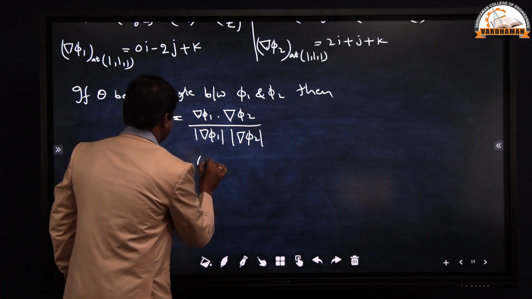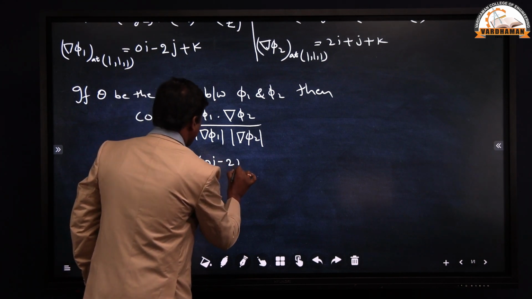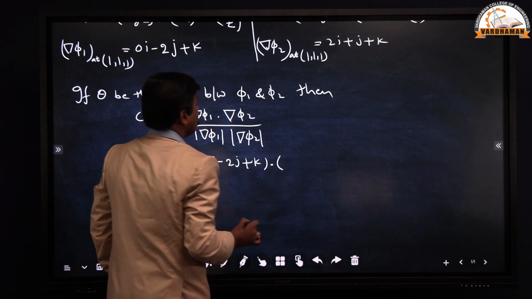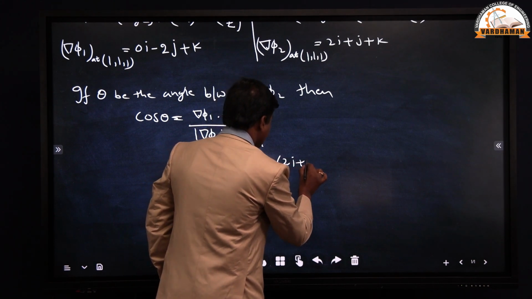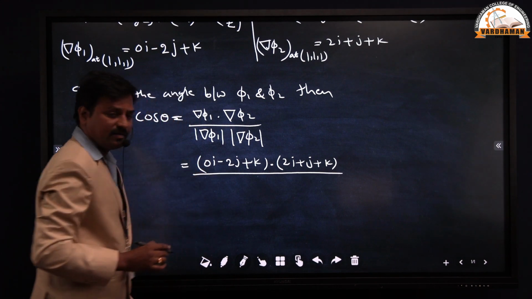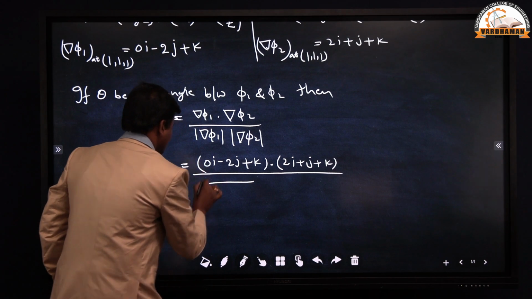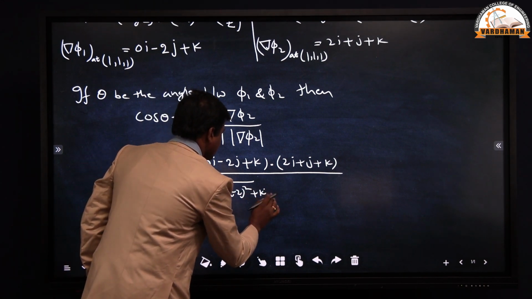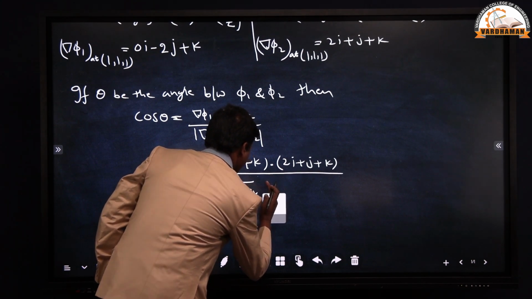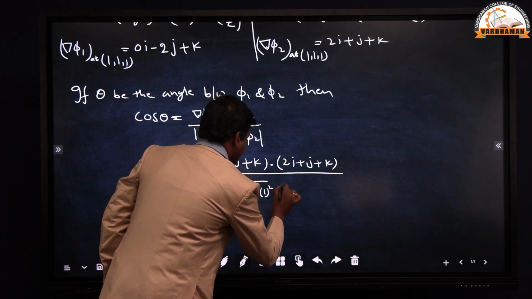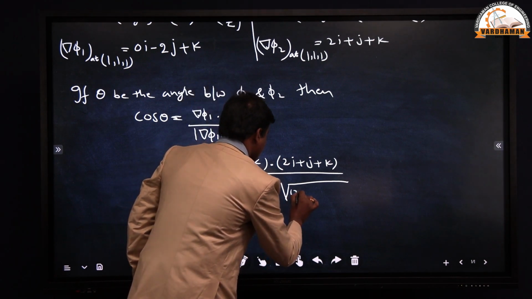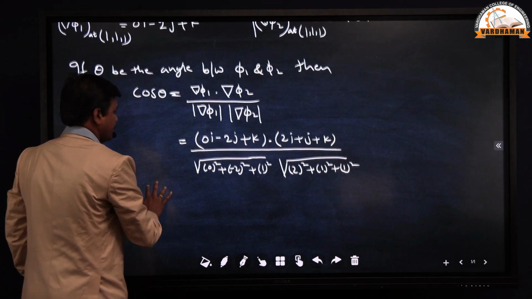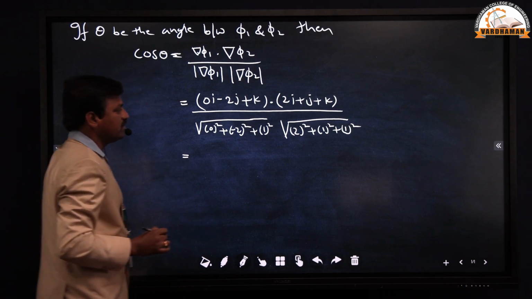Del pi 1 at the point 1, 1, 1 is 0i minus 2j plus k dot, next del pi 2, 2i plus j plus k by mod del pi 1 root 0 square plus minus 2 whole square plus 1 square into 2 square plus 1 square plus 1 square. This equal to dot product.